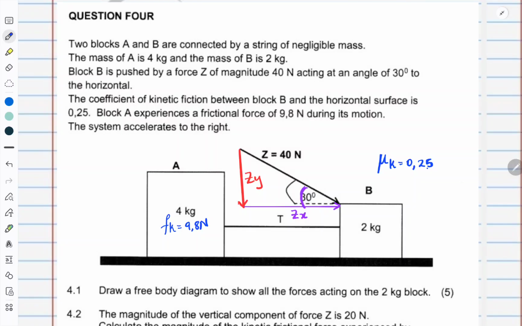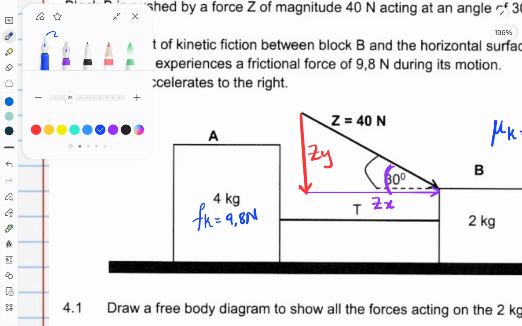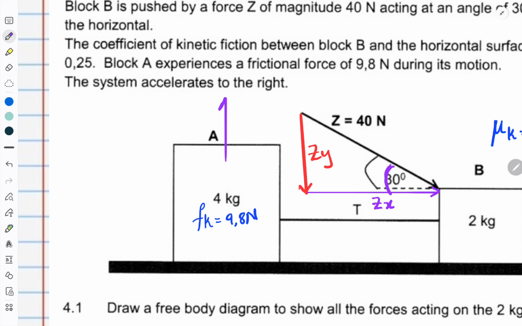Before I even start answering the question, I like to annotate my forces. There's a normal force here because this block is in contact with the surface, and the normal force is always perpendicular.